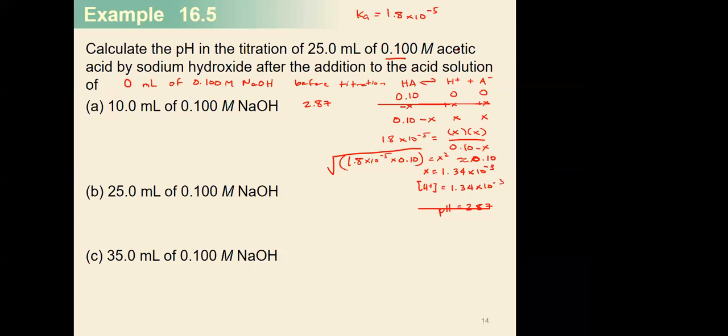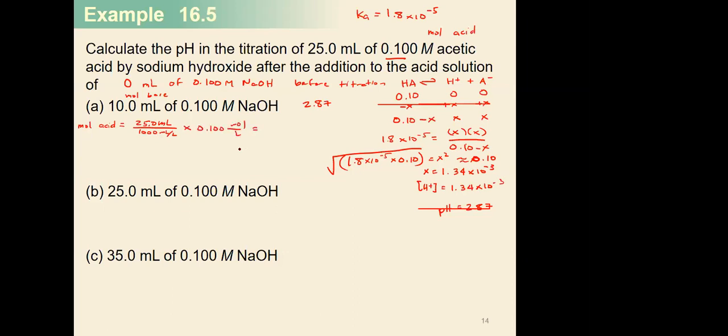The thing that you're going to need here is the moles of the acid and the moles of the base. So how do you get the moles of the acid and the base? From your Gen Chem 1. For the moles of the acid, it will be 25 ml divided by 1,000 times 0.1 moles per liter.